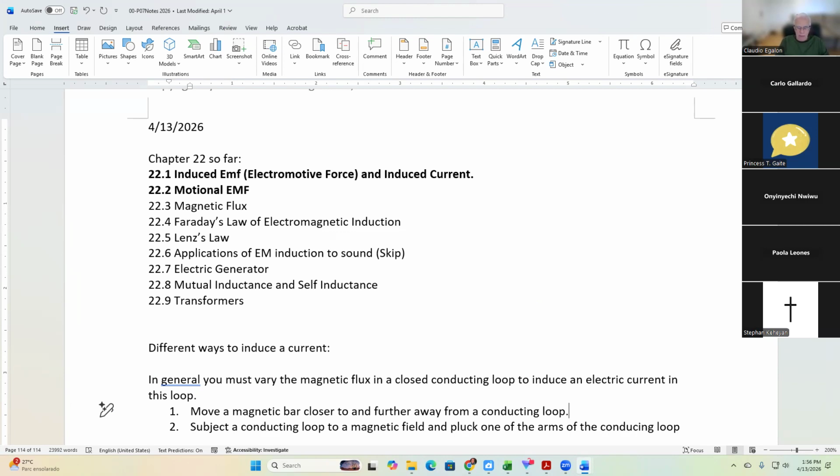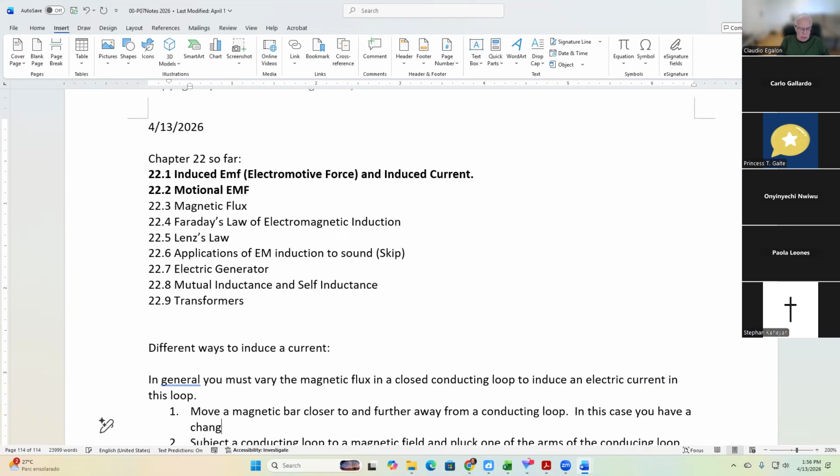In the first case, you have a changing magnetic field that results in a changing magnetic flux.